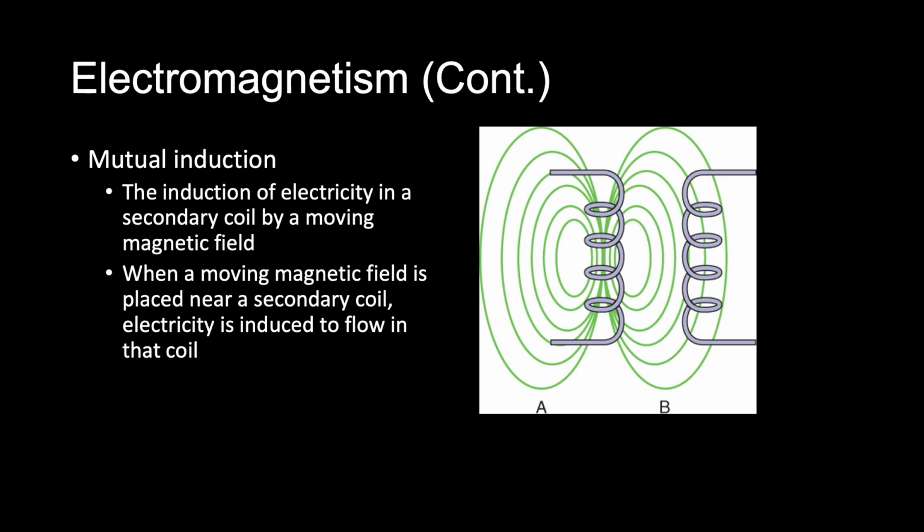This is also AC because it too switches with the changing magnetic fields. So they both have alternating current. Coil A is the primary coil and it's connected to AC power, and coil B is the secondary coil, and as the fluctuating magnetic field from A moves back and forth through the turns of B, a secondary current is induced.